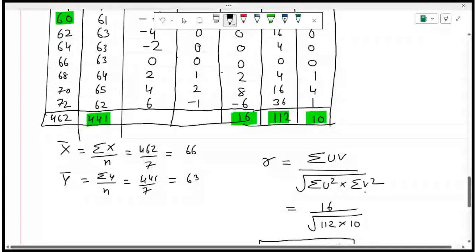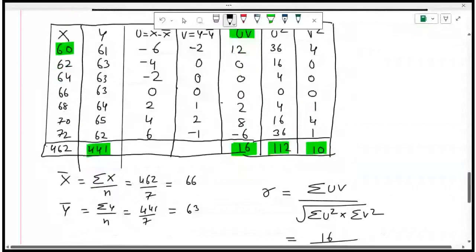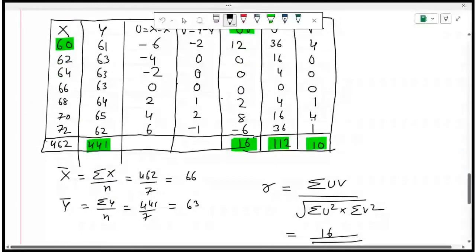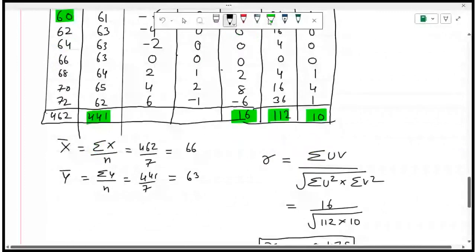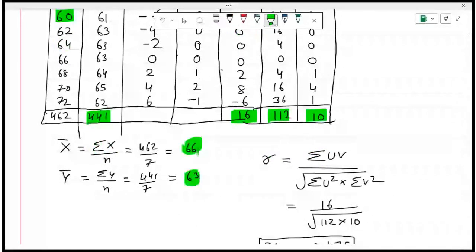That is not an issue. The second thing is that in formula 1, you will be in problem if your mean comes out in decimals. Like if your x bar comes out, let's suppose, 66.25 and y bar comes out to be 63.35.